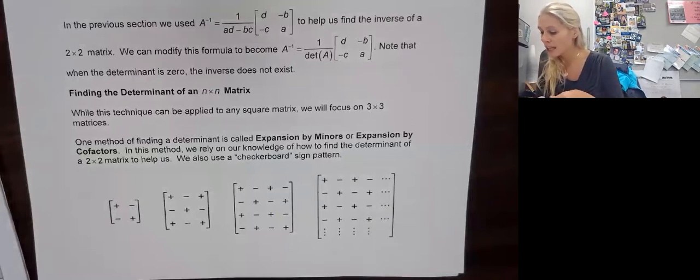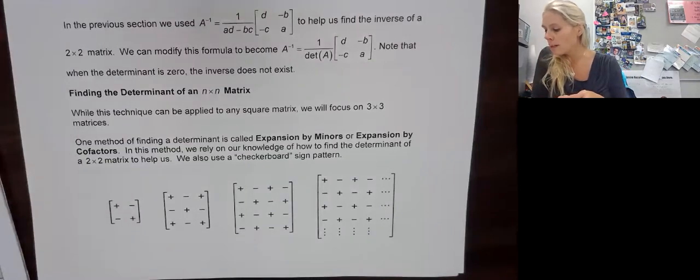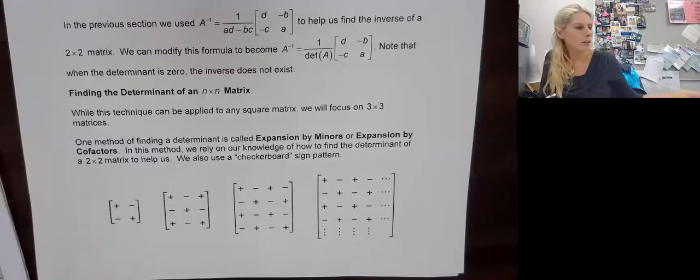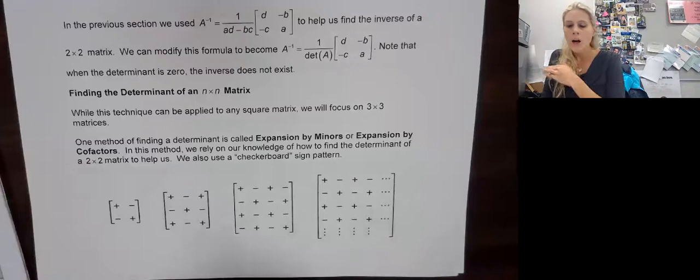In this method, we rely on our knowledge of how to find the determinant of a 2x2 to help us, okay? So I want you to see the pattern here, and you'll find this will make sense when I start to go over some other things that might be involved here, okay? So it depends on the row we have, okay?